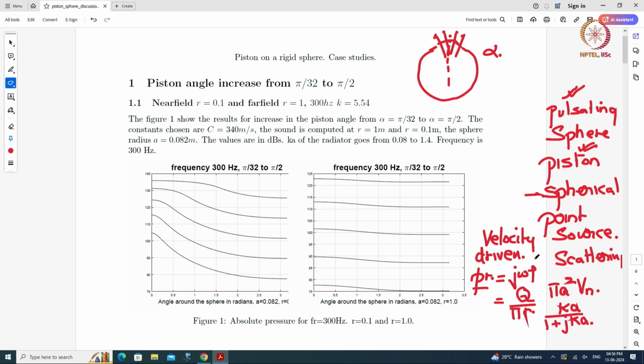So all these are likely to be there. This is one term, this is another term, this is another term, and lastly there will be an angular dependence, just as we had J1 of Ka sin theta by Ka sin theta.